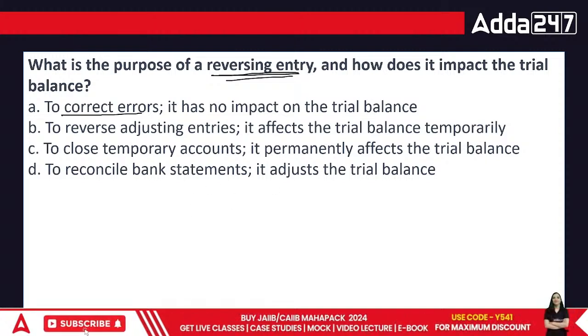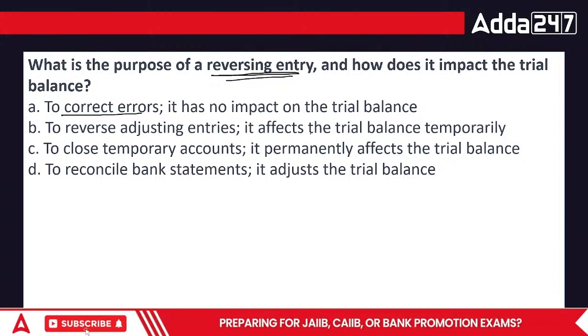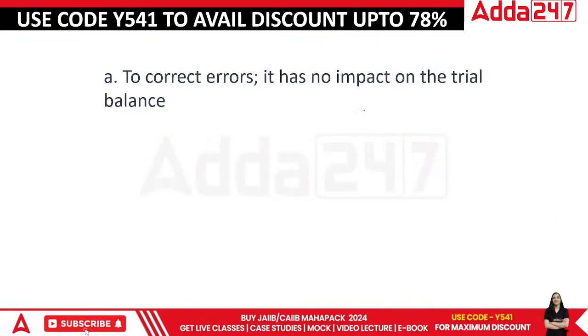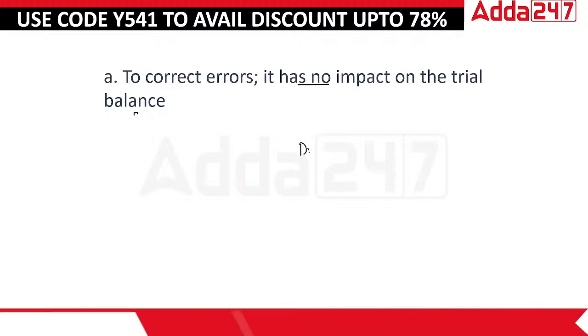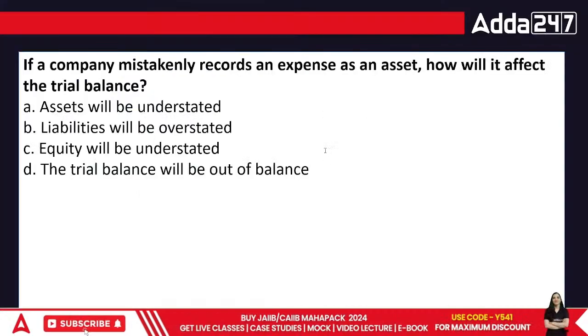So for the rectification of error, you will correct it. In this case, the correct answer would be to correct errors. It has no impact on the trial balance. For example, I found out there was an error on the debit side. So I'll reverse it, and then it would be gone. So my debit will be equal to credit, and everything in the books of accounts would be reinstated.